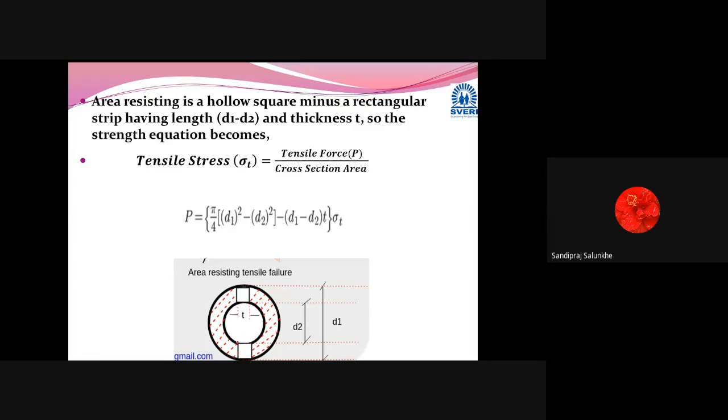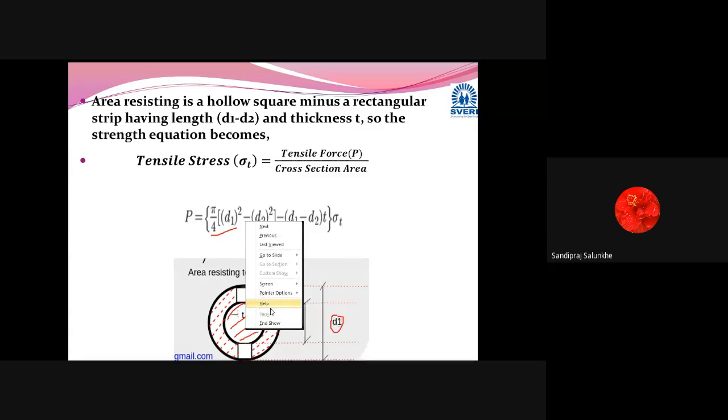Definitely that will not be pi by 4 d1 square, because if you consider pi by 4 d1 square, this inner part is hollow. Also, there is a slot for the quarter. So this area has to be subtracted from the area which you calculate. This pi by 4 d1 square, which is the whole area, we have to subtract this area here.